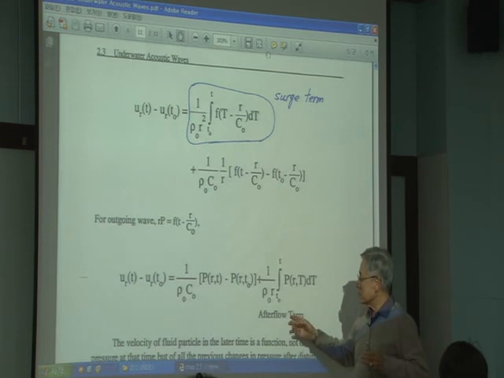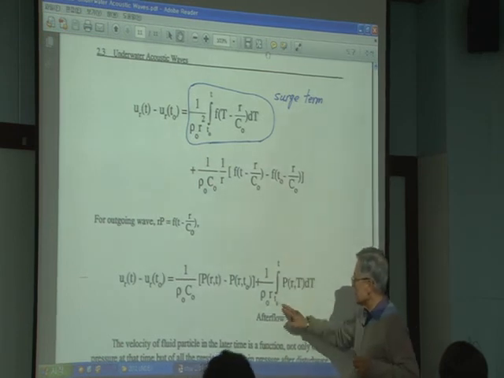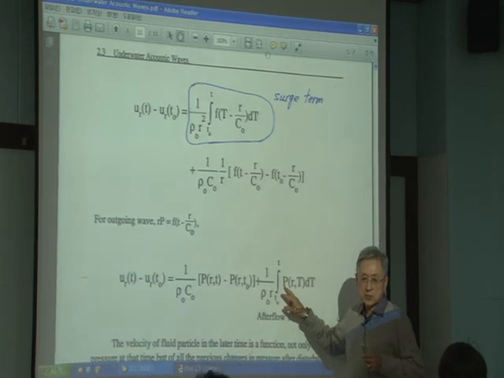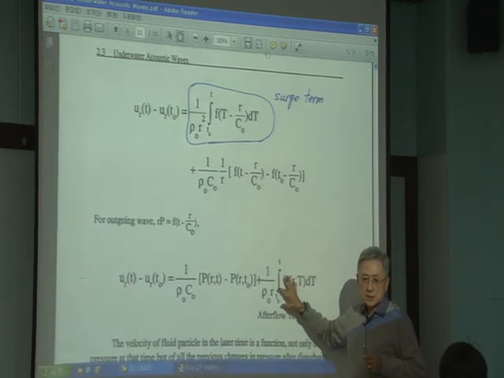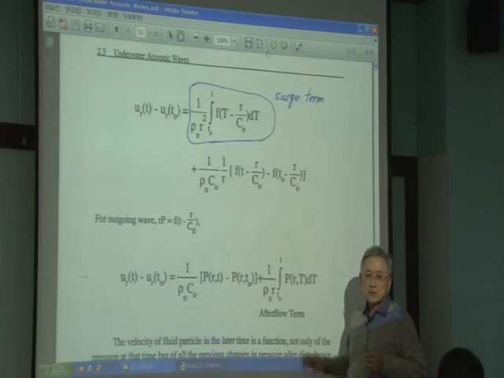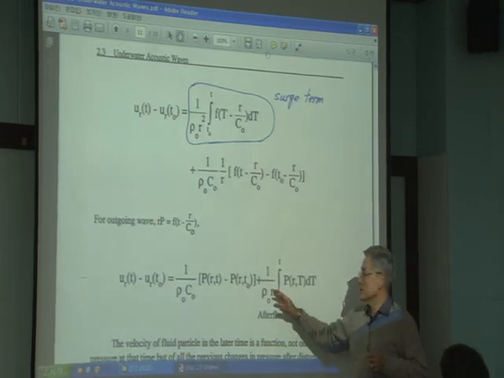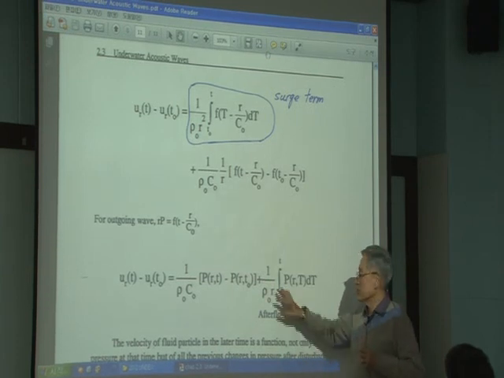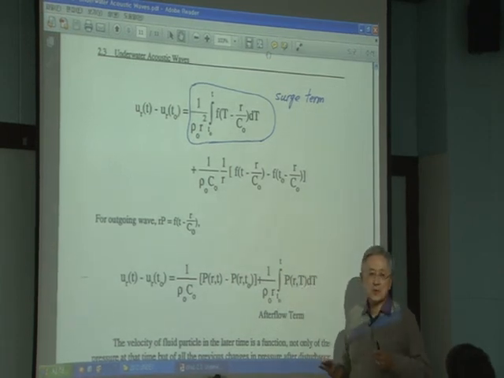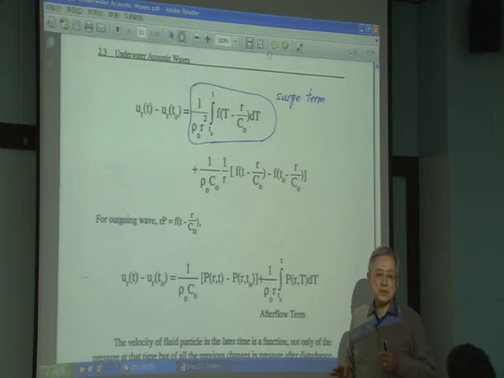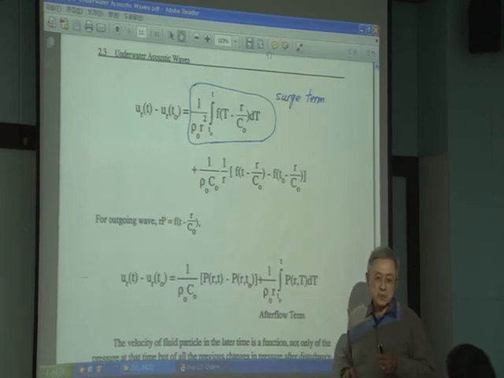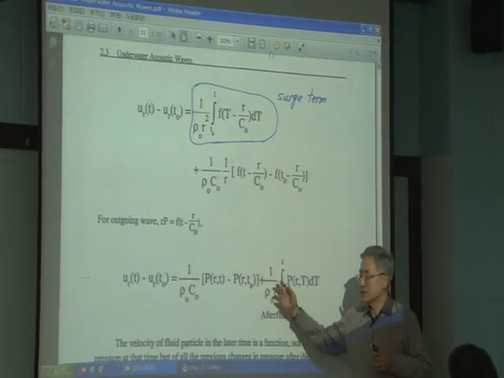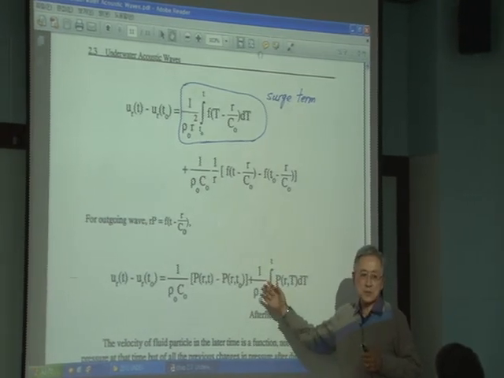But the afterflow term is the history of shock pressure. When you deal with underwater explosion problems, this term could be higher than 10% of the total. But as it moves way farther out, eventually this term disappears.